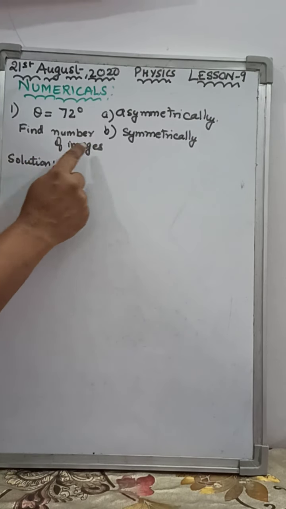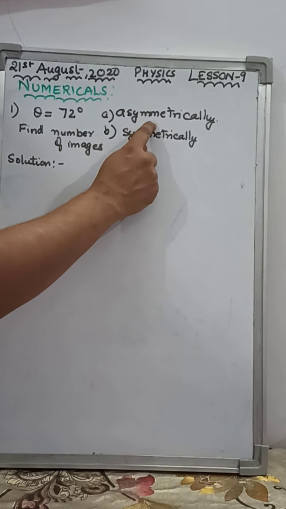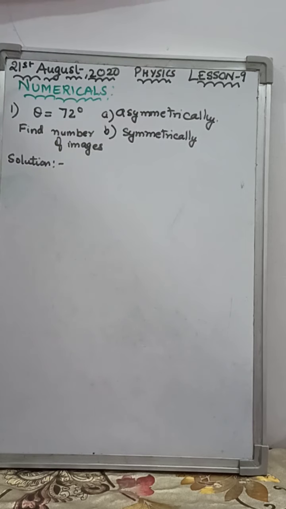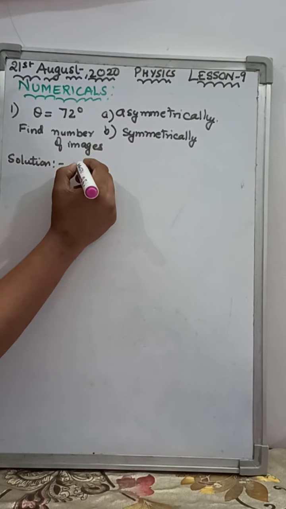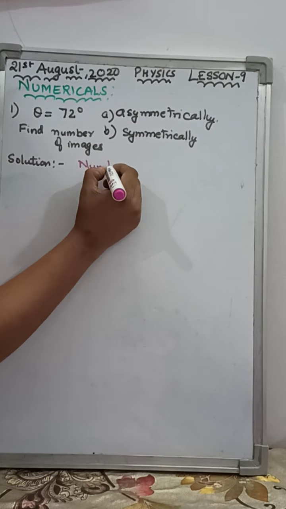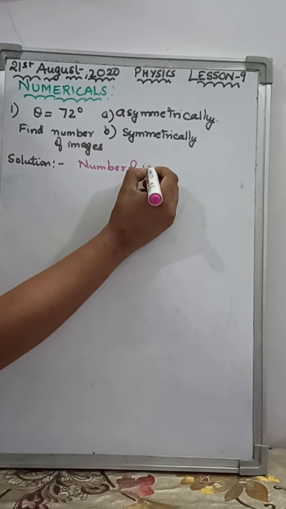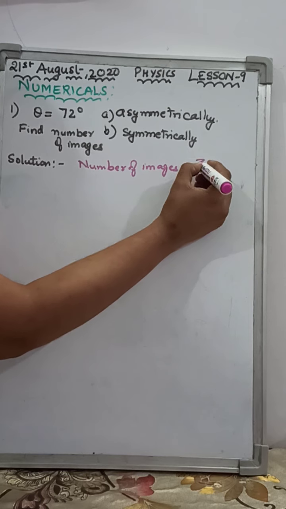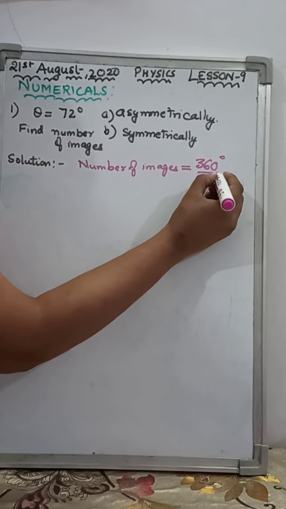You have to find the number of images when the object is placed asymmetrically, then symmetrically. So what is the formula? Formula is number of images formed when two plane mirrors are inclined, that is 360 degree upon theta.